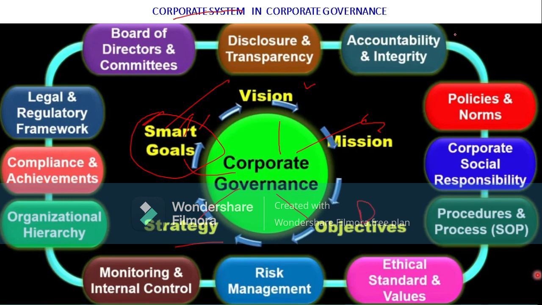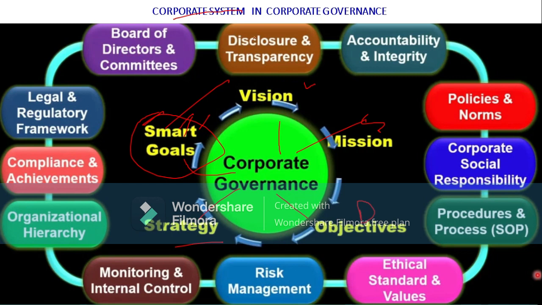Accountability means taking responsibility by the board of directors, and integrity means a person with high moral virtue, very high moral and ethical values. So the board of directors plays an important role in corporate governance, and they are accountable, and there should be integrity in those directors. At the same time, disclosure and transparency is also seen.